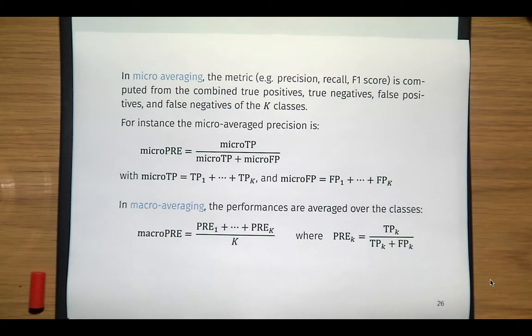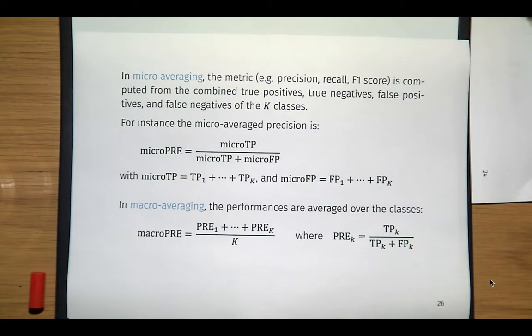So here are 2 ways of doing that. One is called micro-averaging, and the other macro-averaging, and there are different schemes of weighting and so on. But the idea is that you split your problem into 2-class problems. You look at a particular class K, and you check, am I doing a good job at this class K?